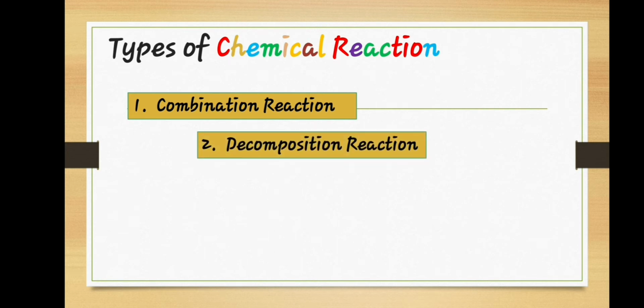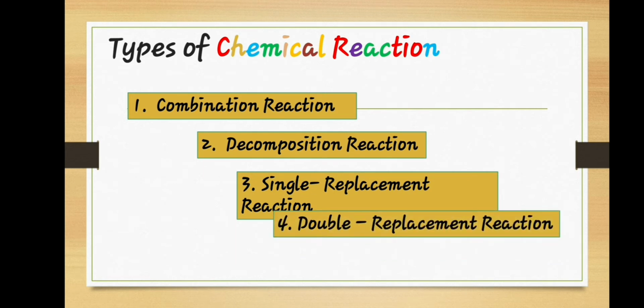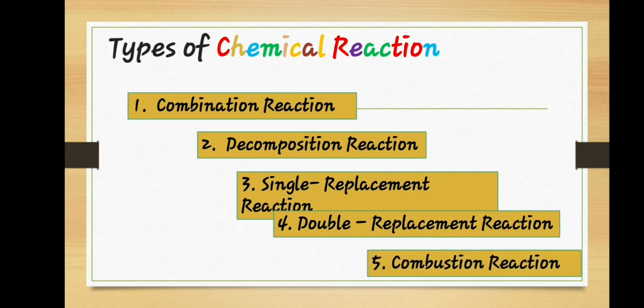What does this process do in this part? Third, we have single replacement reaction. And of course, the double replacement reaction. And combustion reaction. So those are the types of chemical reaction. As I've said, we will be discussing them one by one.